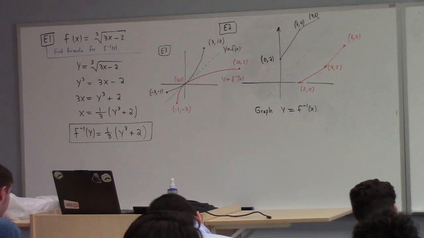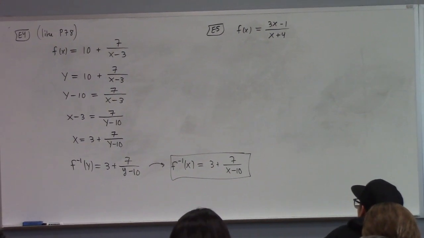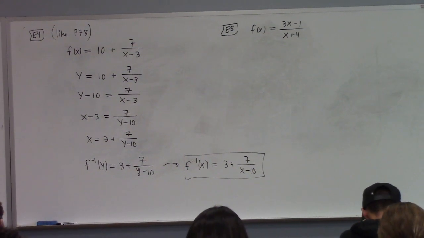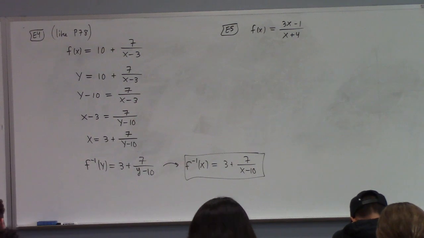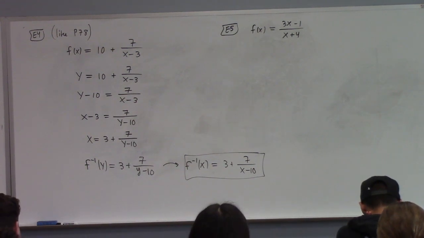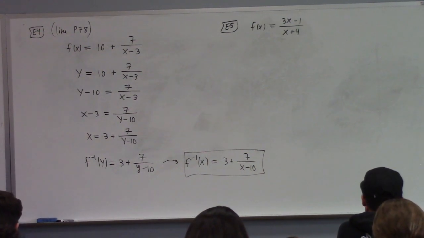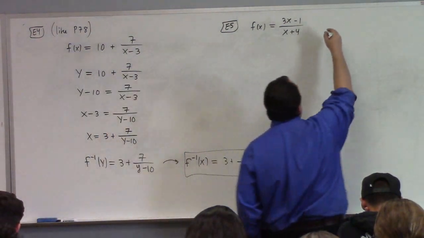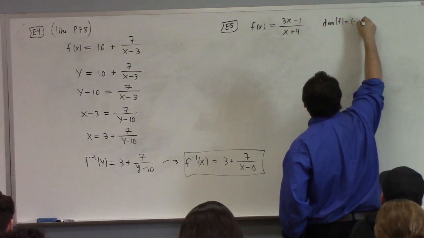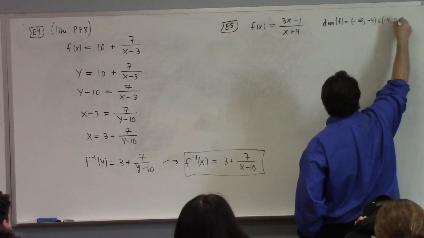All right? So can you guys tell me what is the domain for the function that I just wrote down? What's the domain here? What we got is minus infinity to minus 4, unioned with minus 4 to infinity.